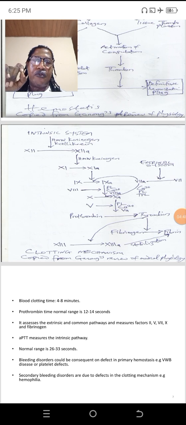And then this thrombin will catalyze the conversion of fibrinogen to fibrin. Then, in a transglutamination reaction, factor 13A will cause stabilization of the fibrin clot, leading to the formation of the definitive hemostatic plug.